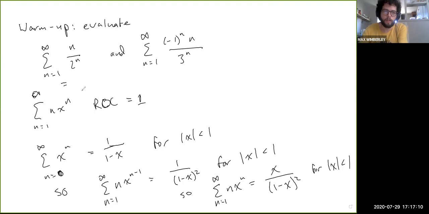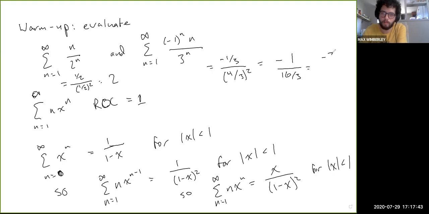So this is going to be whatever you get by evaluating this at x equals 1/2. So you get 1/2 over 1/2 squared. So it's 2, I guess. Yeah, and then this one is -1/3 over 1 minus -1/3, so 4/3 squared, which is -1 over 16 over 3.